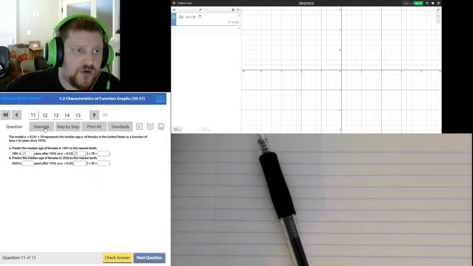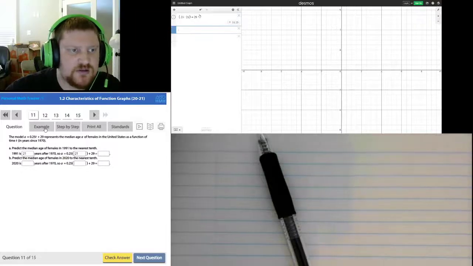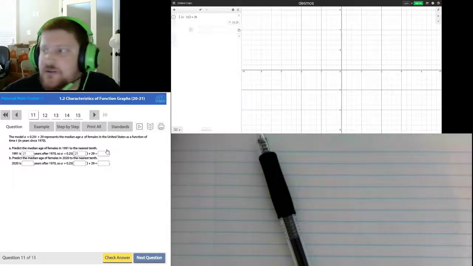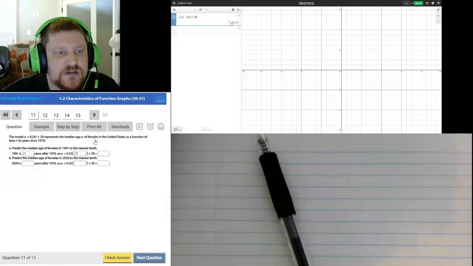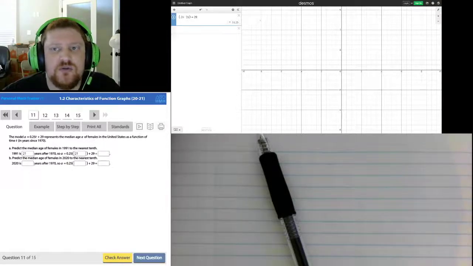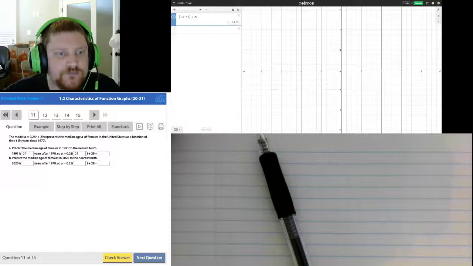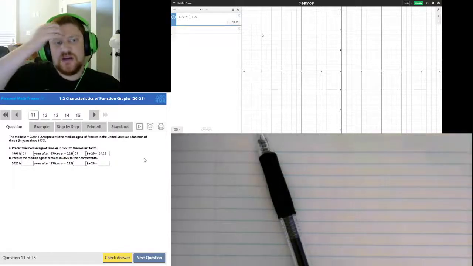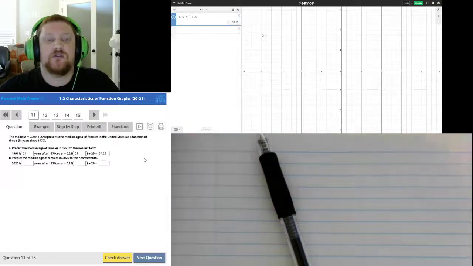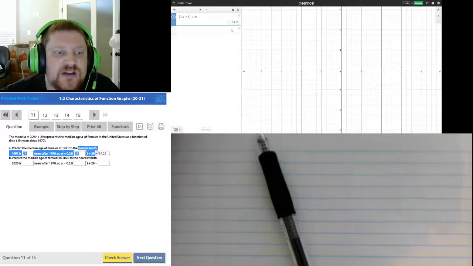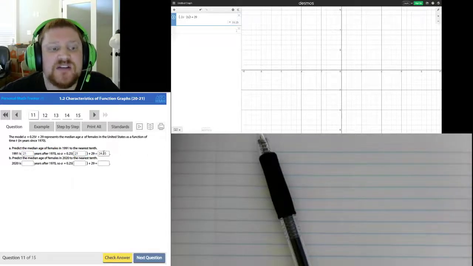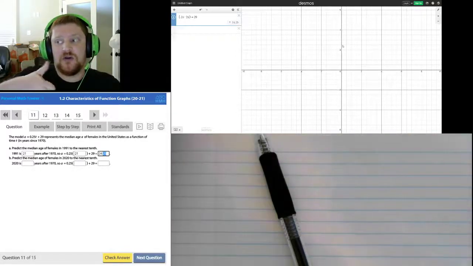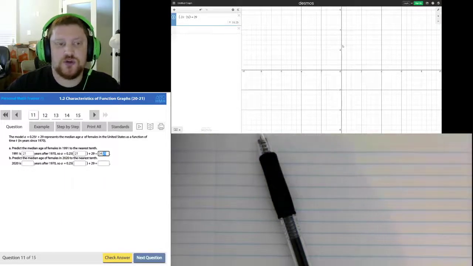Going to toss in the parentheses to make sure that it did not mess with our order of operations. And yes, it did not, so we have 34.25. Now, we do need to be careful here, because they want us to round it to the nearest tenth. I have it to the nearest hundredth, so I need to round this properly. 5 or above rounds up, so 2 plus 1 is 3.